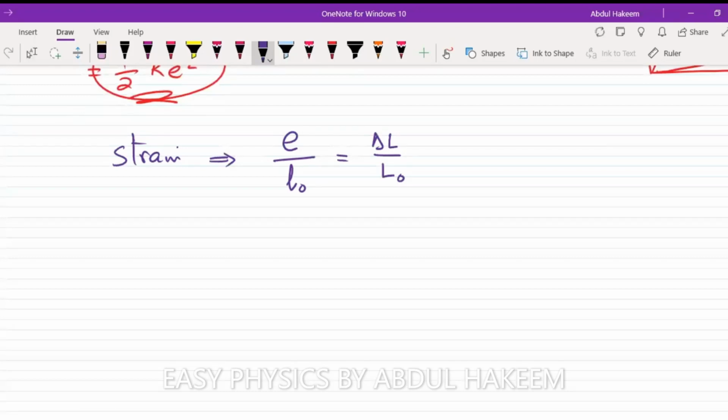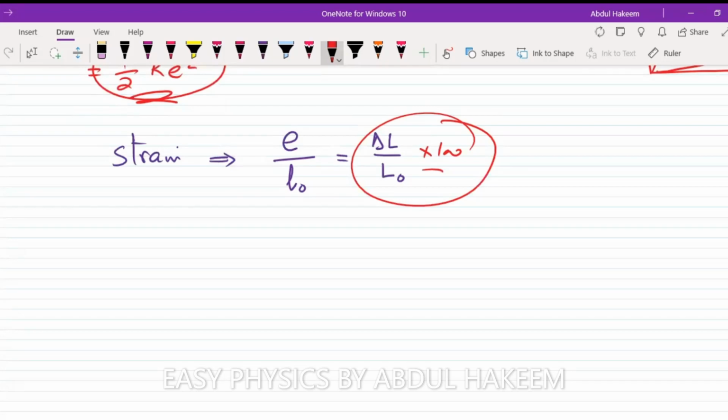It has no unit. But when it is multiplied with 100, this is the percentage uncertainty in the extension. Percentage uncertainty in the extension.